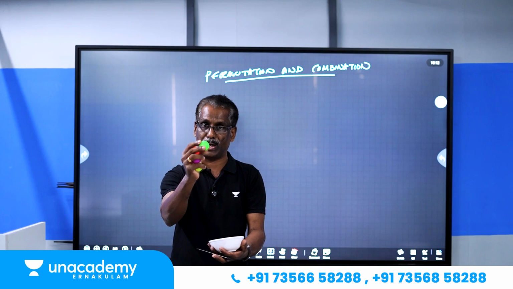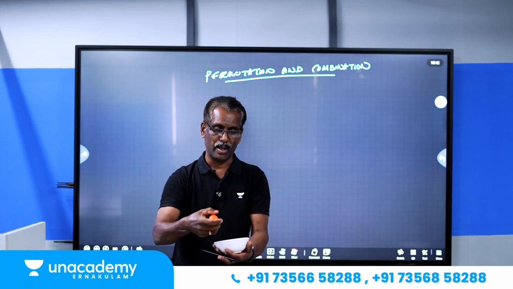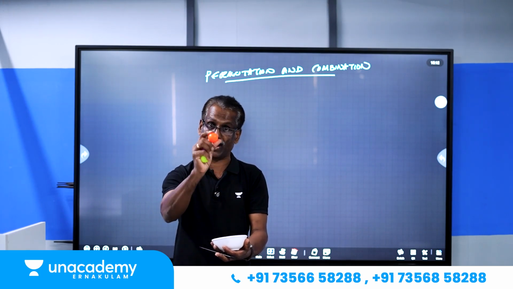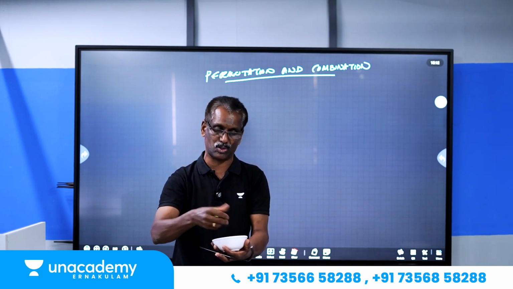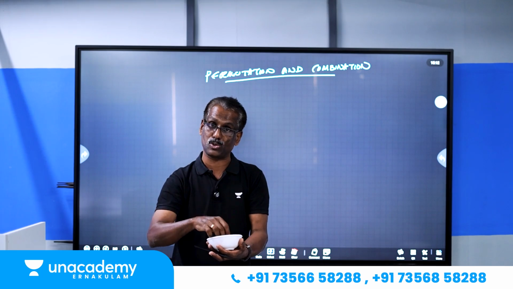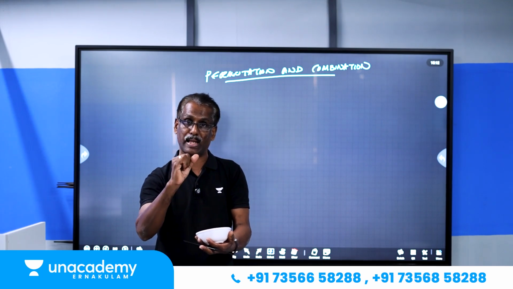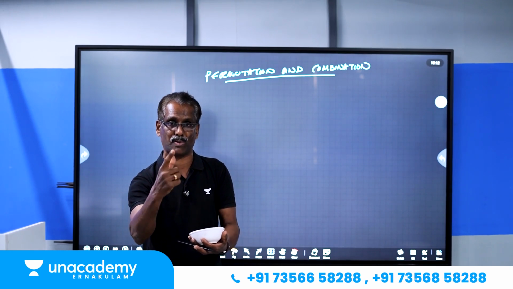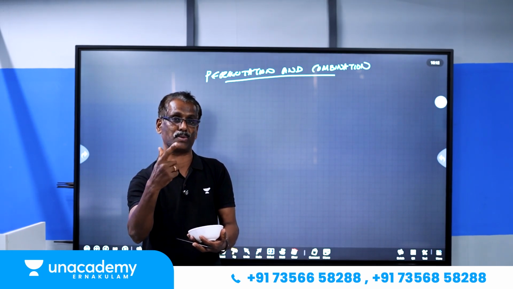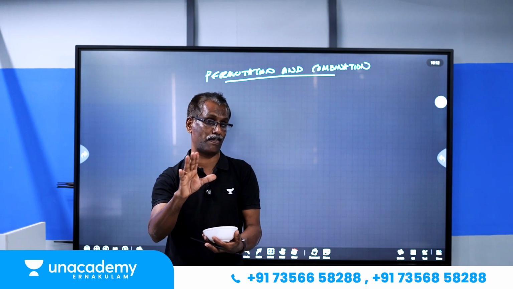That means this ladu has 2 possibilities. This orange ladu also has 2 possibilities. Pink ladu, 2 possibilities. Yellow ladu, 2 possibilities. In that case, the answer is 2 into 2 into 2 into 2, that is 2 raised to 4, equal to 16. That is the total possibility.